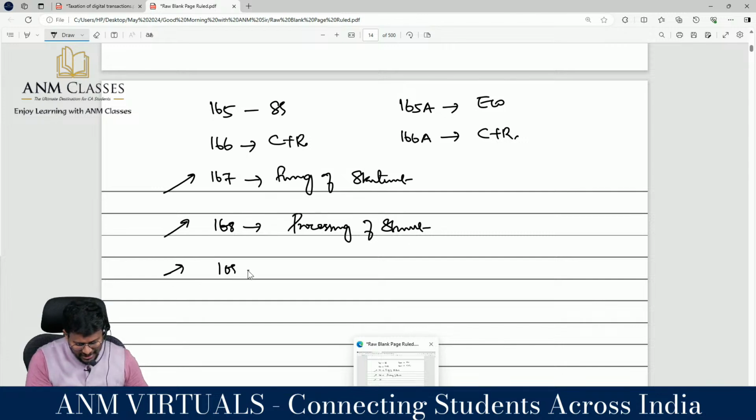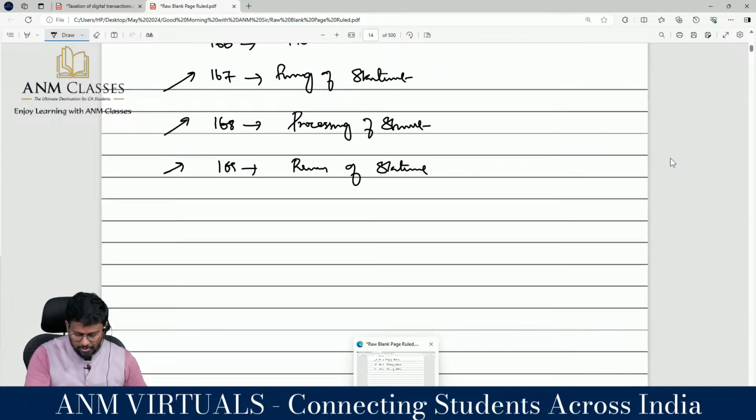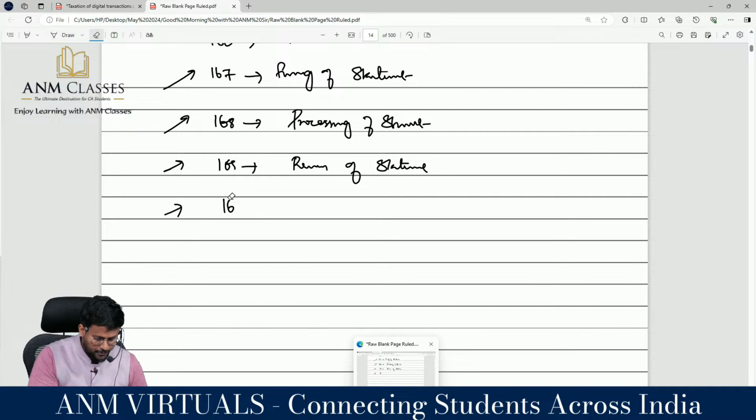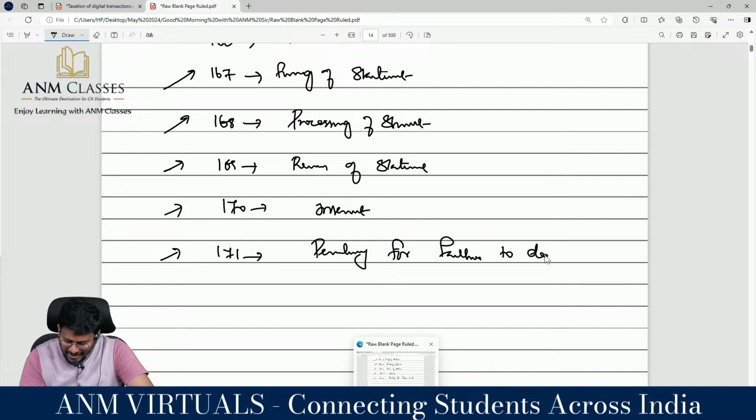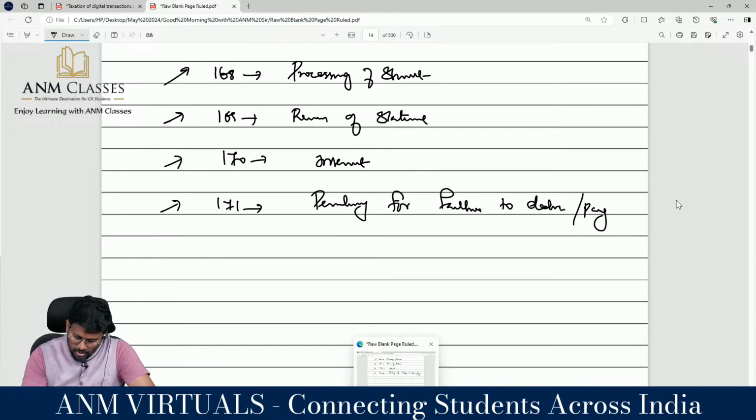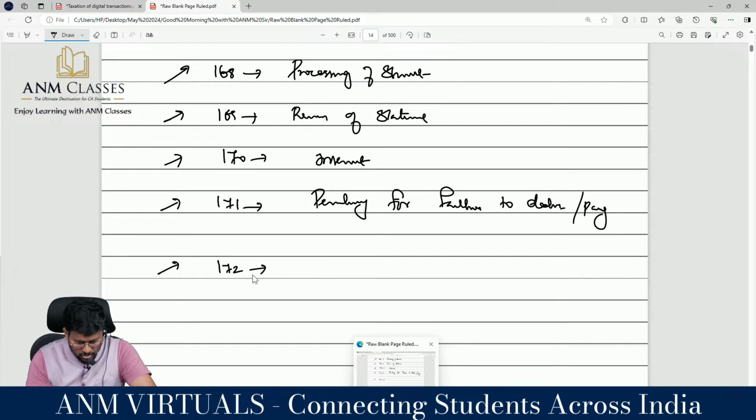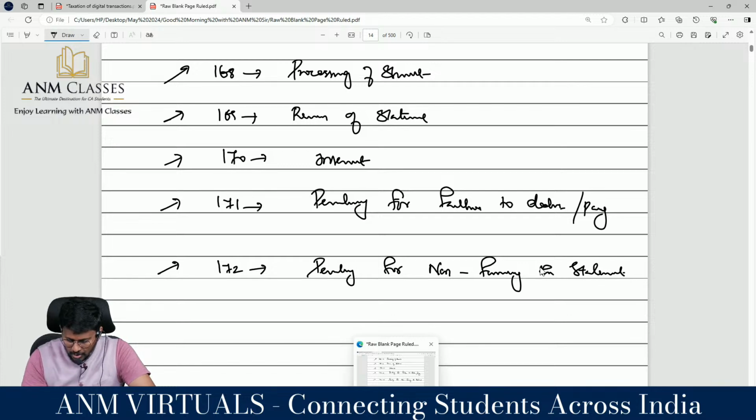Then 169, rectification of statement, mistake of the statement, right? 170, sorry, 170, interest. 171, penalty for failure to deduct or pay. 172, penalty for non-furnishing the statement. Correct? இப்ப அங்க தான் நிக்கிறோம் இல்லையா?